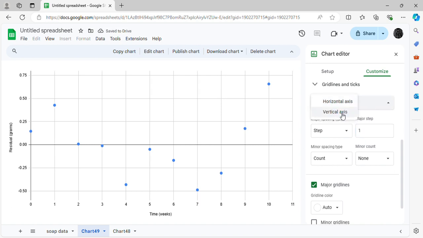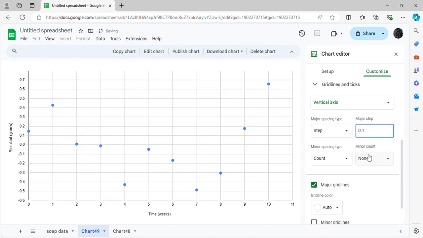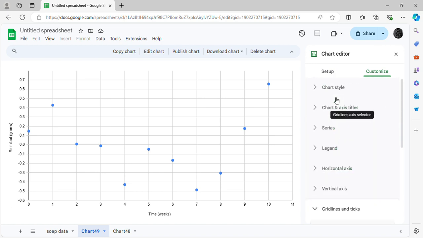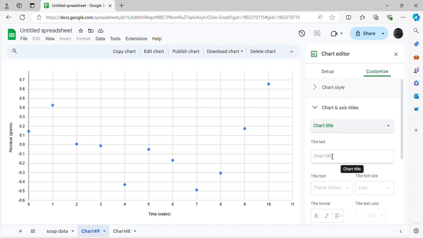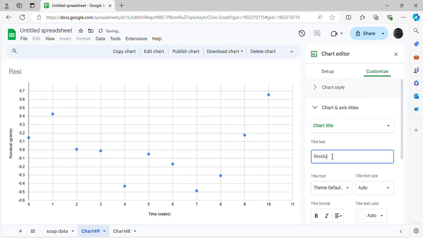And for the vertical axis, we have major spacing type step, and the major step we have 0.1. Okay. And for the chart title, let's put the chart title: Residual plot for soap weights.